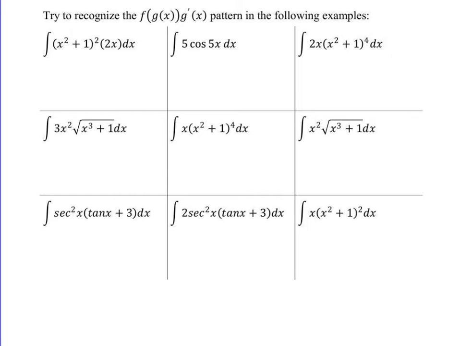All right, I set it up like a tic-tac-toe board, but we're not going to play tic-tac-toe. We're just going to go ahead and do this. For this first one, I notice that I have the integral of something times something. There's an inside function here, I've got something raised to a power, and the inside function's derivative is 2x.